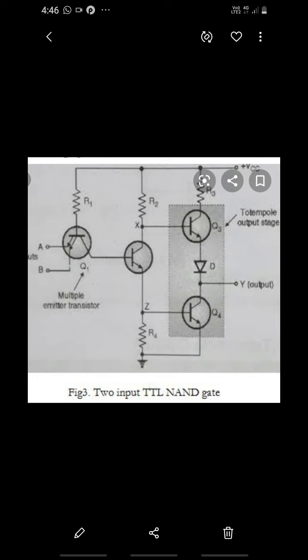The emitter of Q2 is at ground potential, so it keeps Q4 in off mode. The collector of Q2 is high and it turns Q3 into saturation. Therefore, the output is high level.